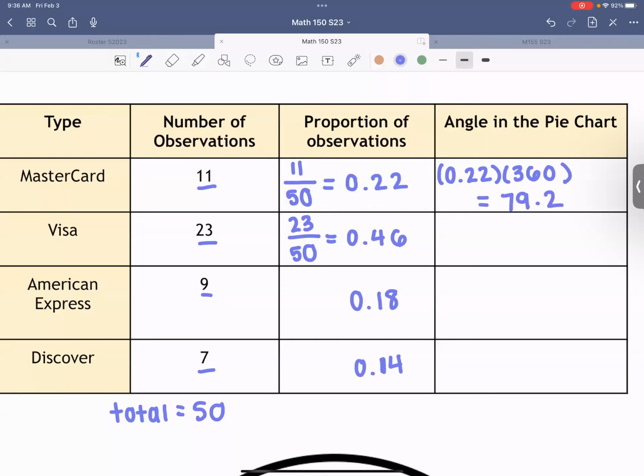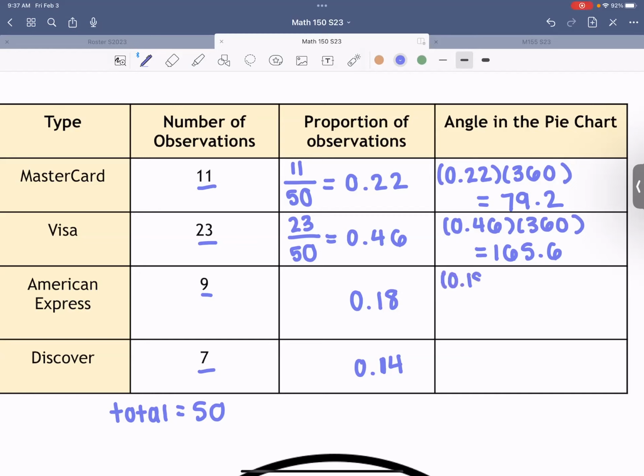So that's the angle inside that MasterCard slice. What about Visa? What would I multiply? 0.46 times 360. Perfect. When I multiply that together, I got 165.6. Okay, can someone tell me what the angle for American Express is?